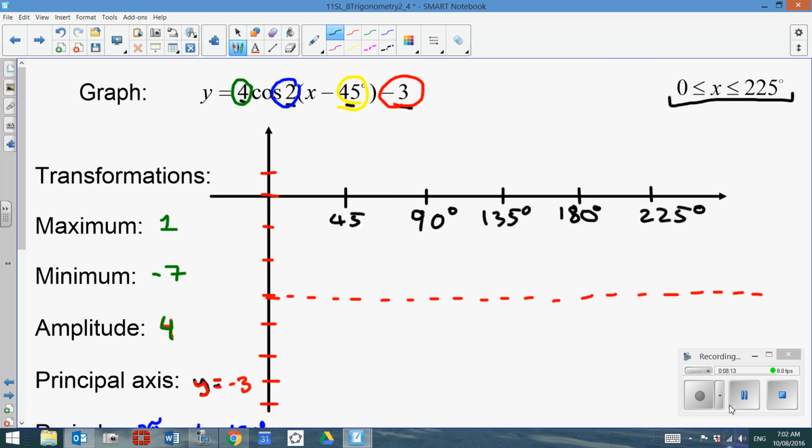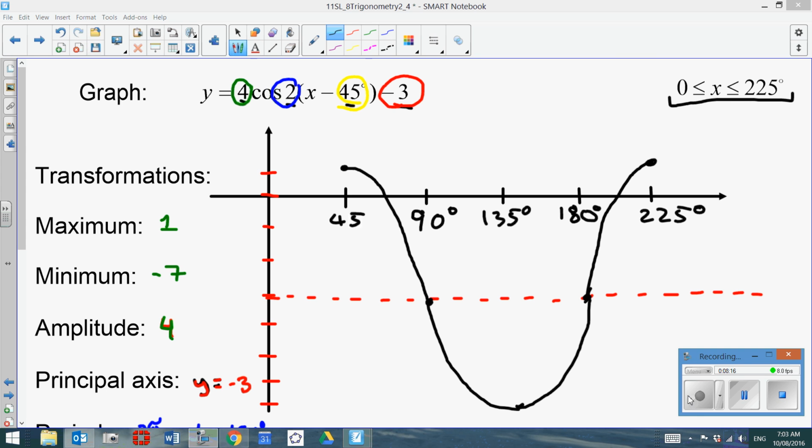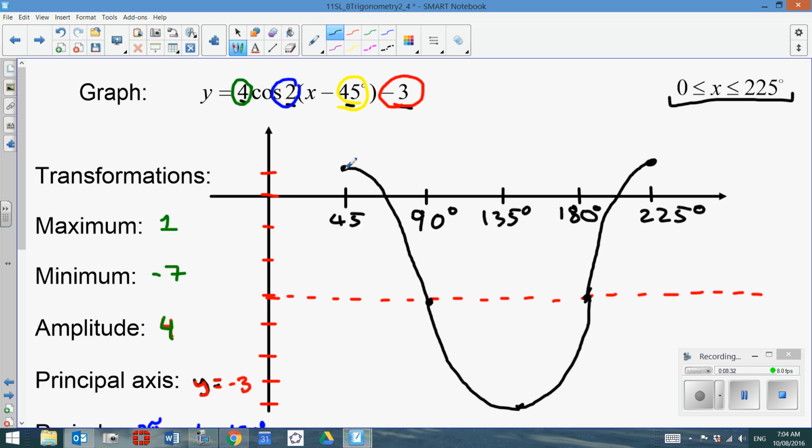Let's see if we match. If I shift to the right by 45 degrees and it takes 180 degrees to complete one full revolution, I am ending at 225 degrees, which is the window. However, I want to start my window at 0, so I do want to continue for 45 degrees back to my starting point at 0, -3, just so that I have drawn everything within this window.